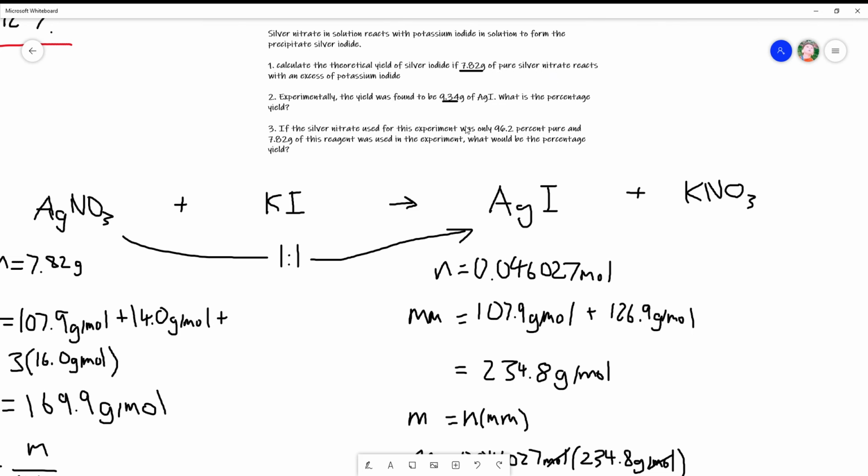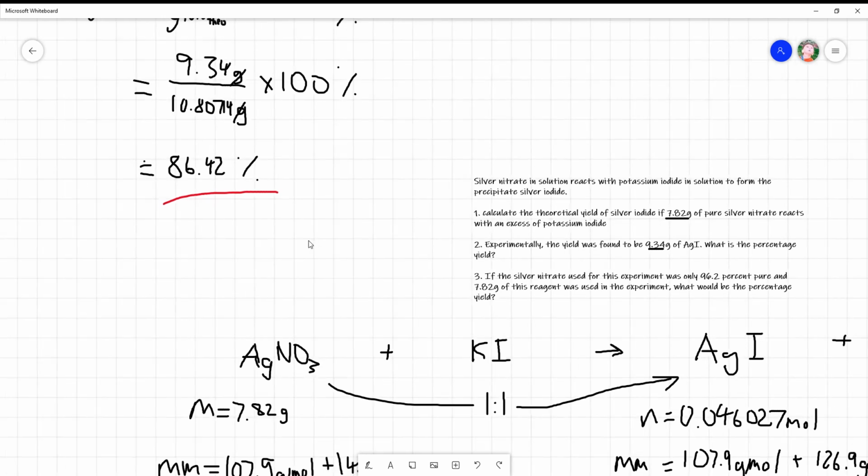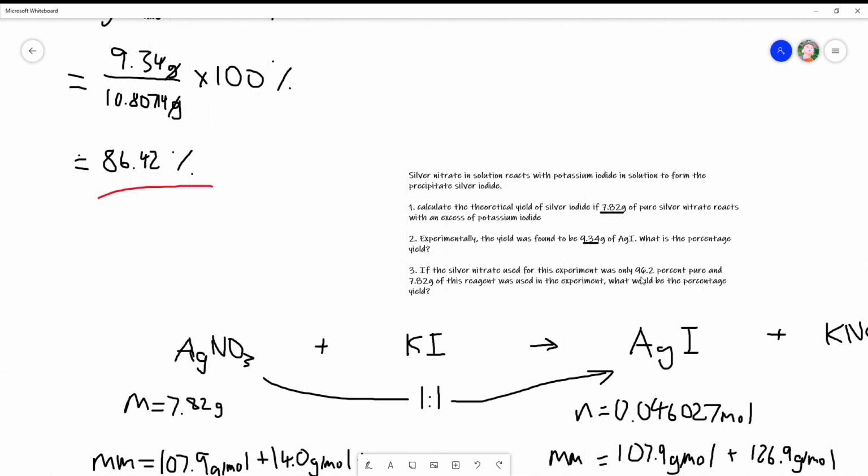So in this question, it is asking what would happen if it was 96.2% pure. These two questions are the exact same, except the only difference is the percent pure, how pure the silver nitrate is. So we can take the percentage yield we received from question 2 and multiply it by the decimal form of the percent pure.